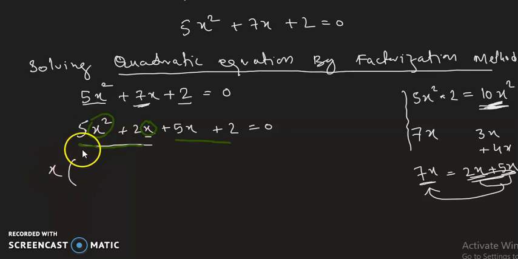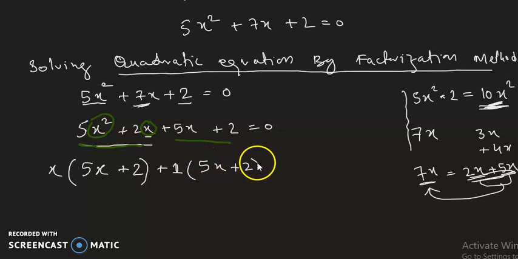What are we left with? We are left with 5x here, 1x is gone, so we are left with only 1 here, plus 2 remains here, and here, for simplicity, we will take 1 common. So 5x plus 2 equals 0.